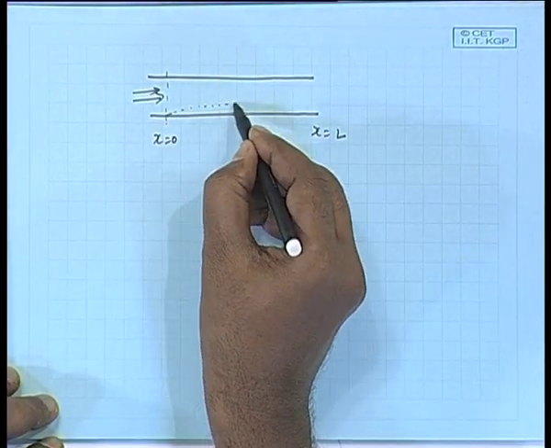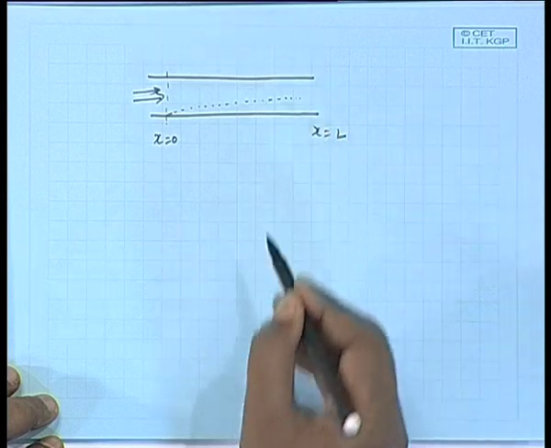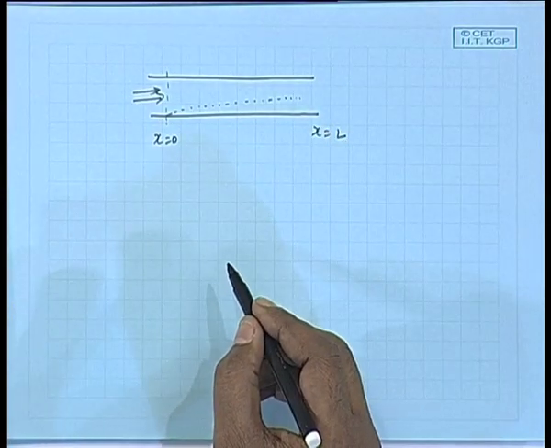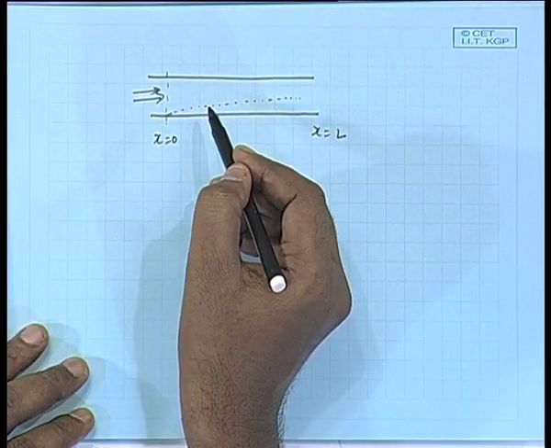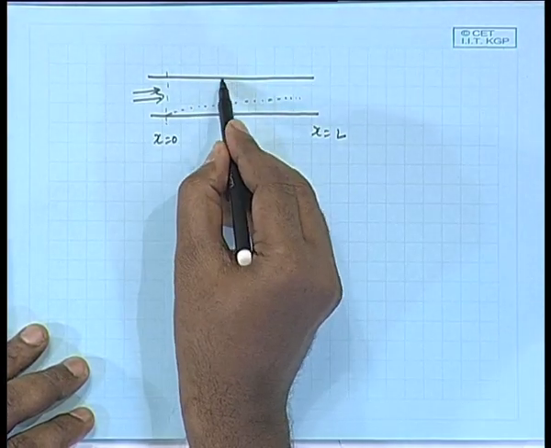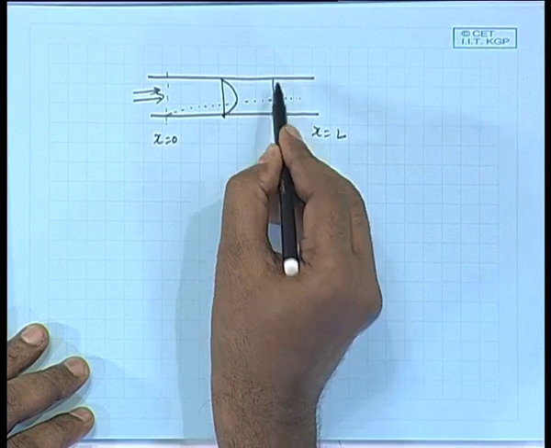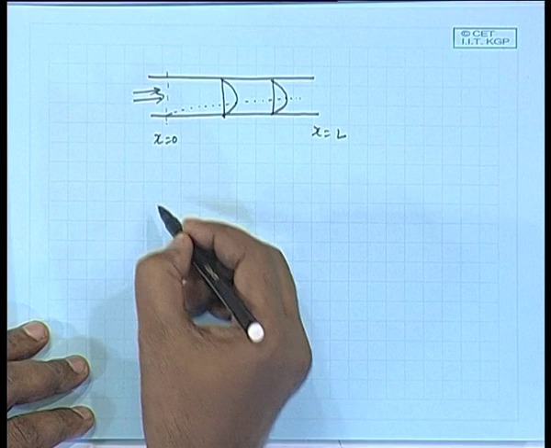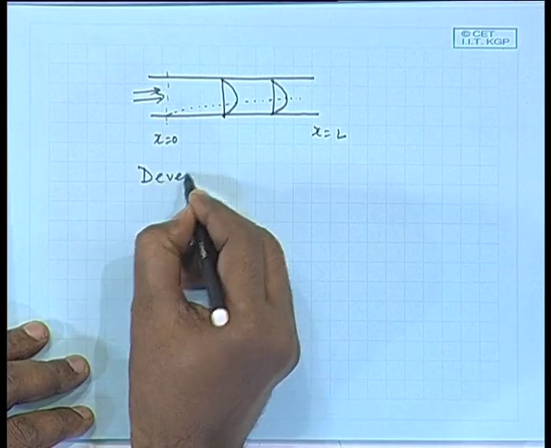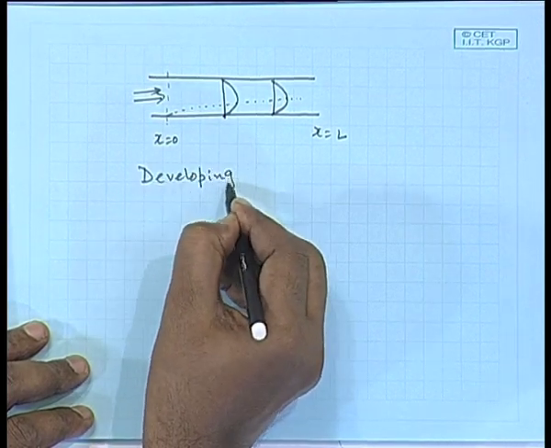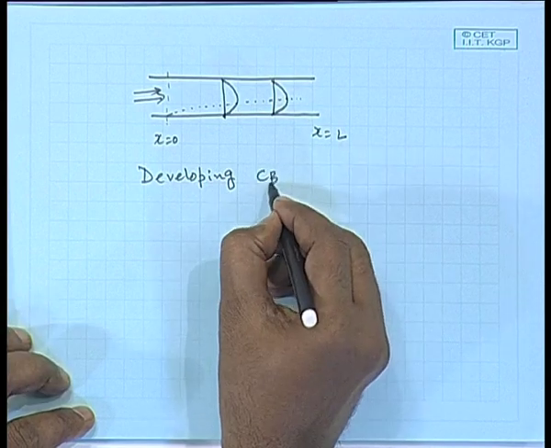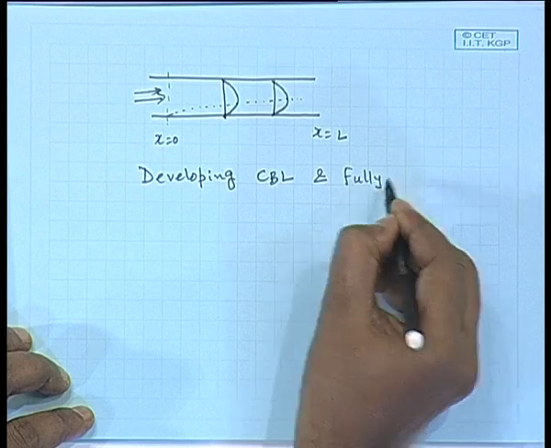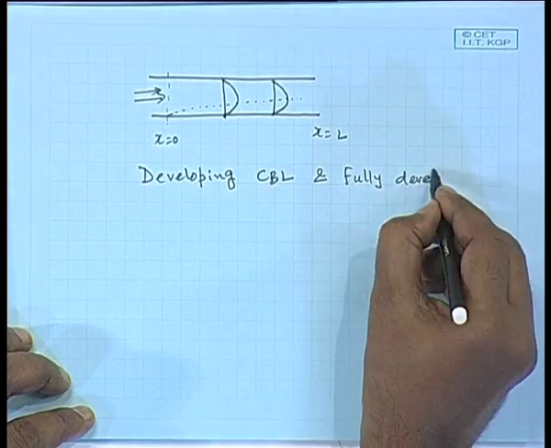So, you will be getting a developing concentration boundary layer throughout your channel, whereas your hydrodynamic or velocity boundary layer is fully developed, right. This is the velocity boundary layer, this is the concentration boundary layer that is developing. So, it is a problem of developing concentration boundary layer or mass transfer boundary layer and fully developed velocity boundary layer or hydrodynamic boundary layer.